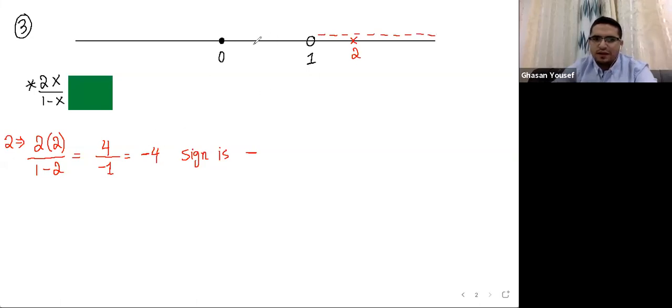Now pick any number between 0 and 1. 1/2. Good.